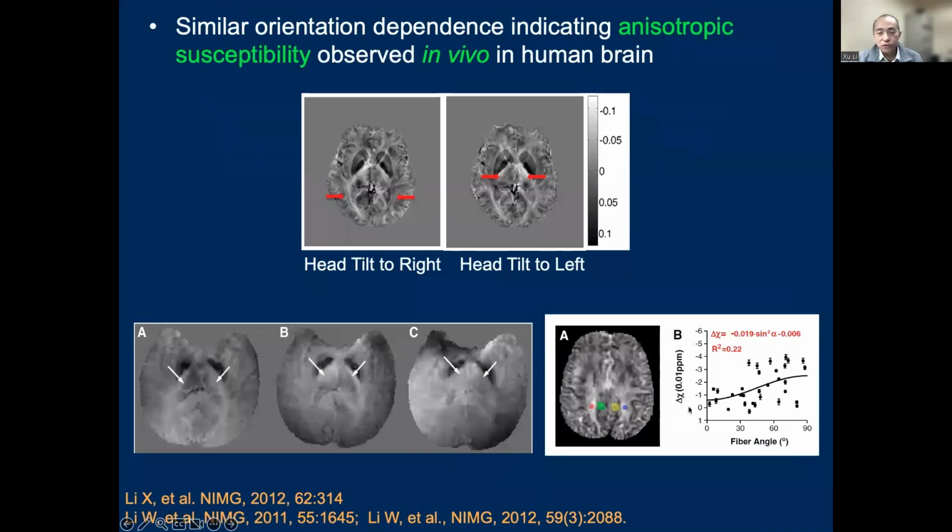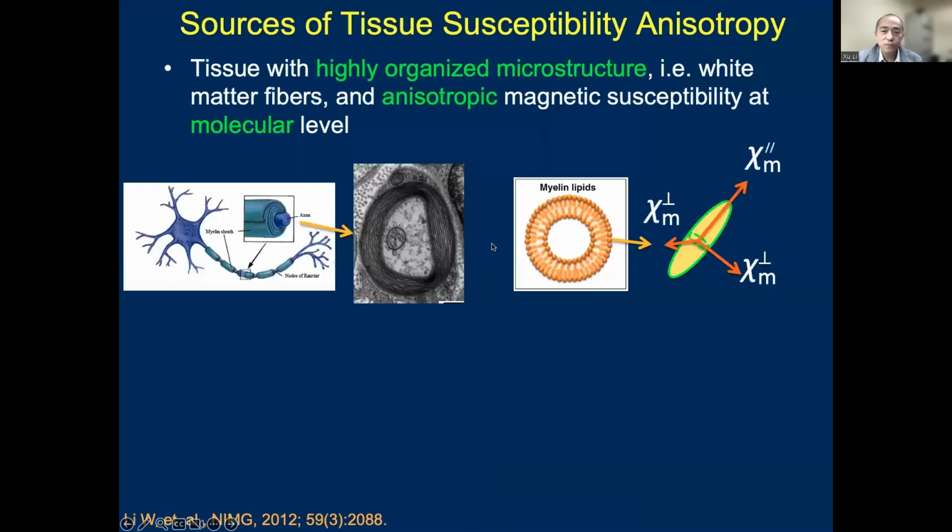And a similar phenomenon has been consistently observed in humans. Here you can see different white matter contrast when we measure the QSM at different subject head orientations.